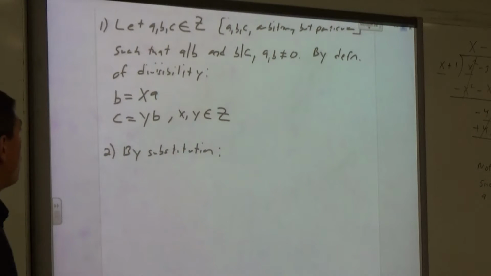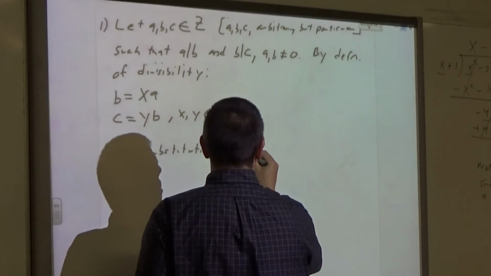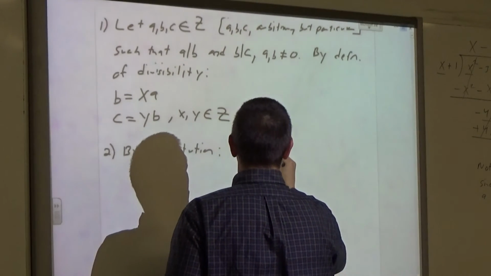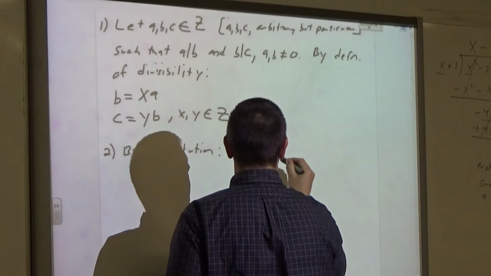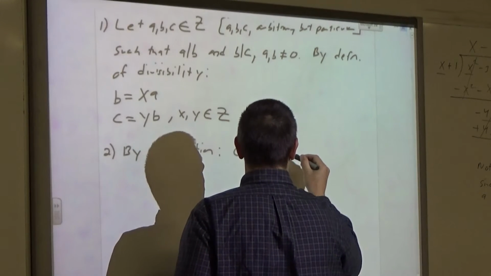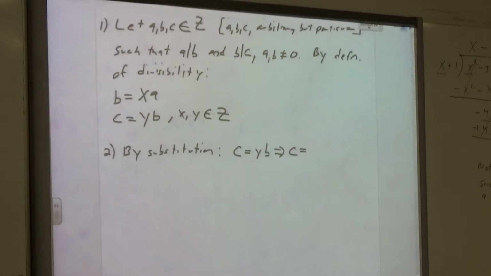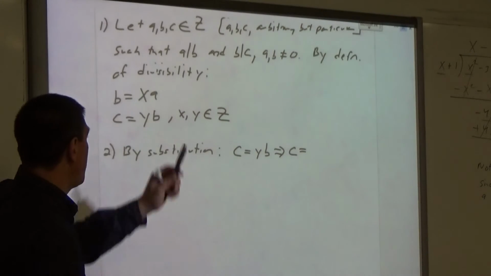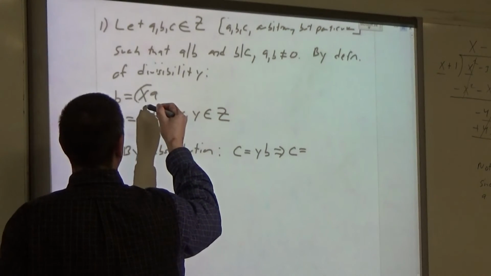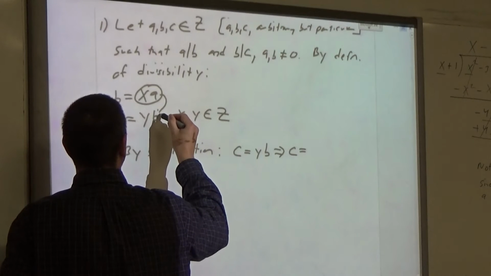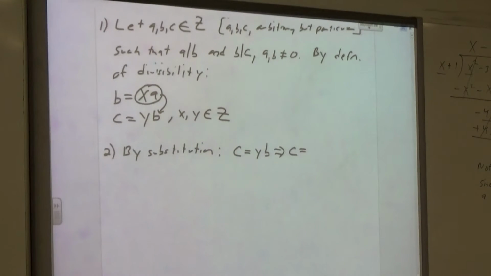Yep. So, by substitution, C, which is equal to Y times B, is the same as C equals what? Y times X over A? Y times That's XA. Isn't it true that B is equal to XA?